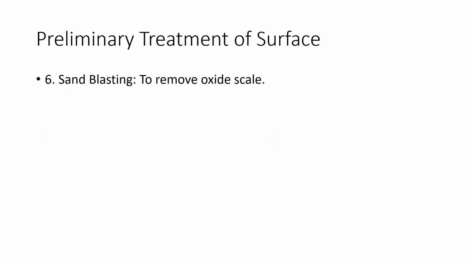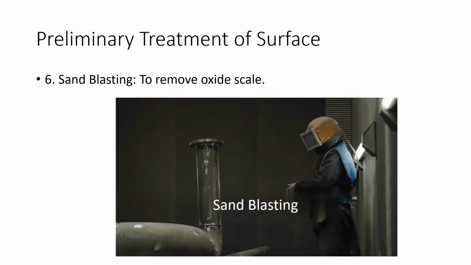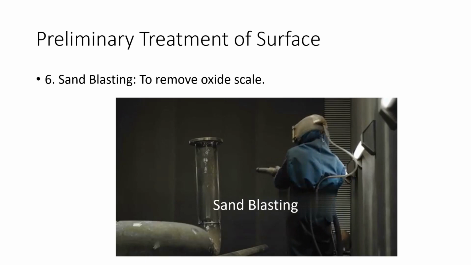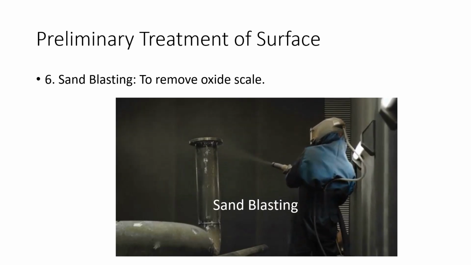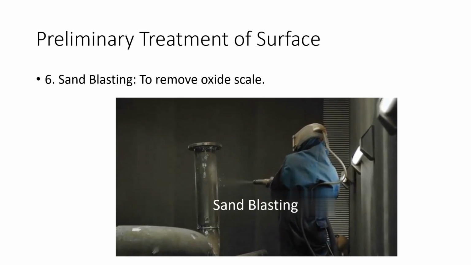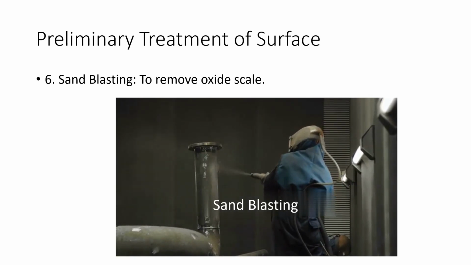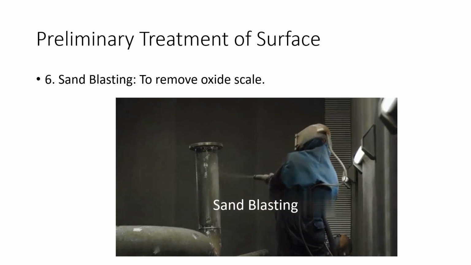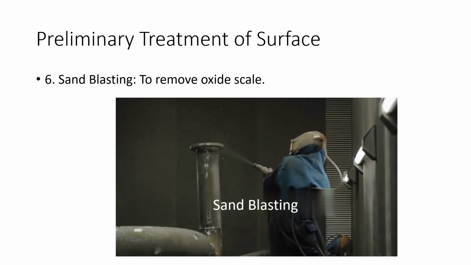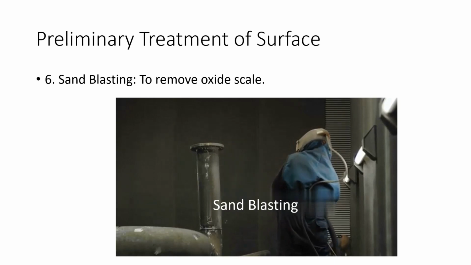The sixth and last point is sand blasting. So basically, what is blasting? Sand blasting is used for removing oxide scale. As I have shown in this video, sandblast consists of introducing sand into an air stream under a pressure of 25 to 100 atmospheres, and the blast is impacted on the metal surface to be cleaned.